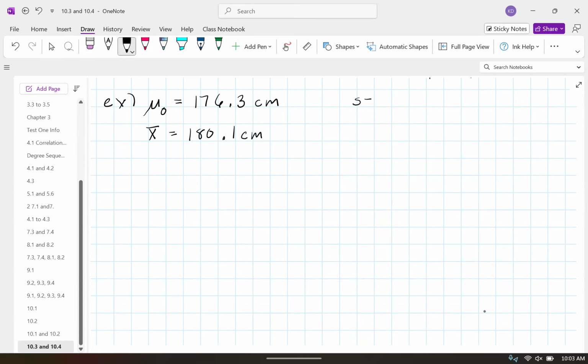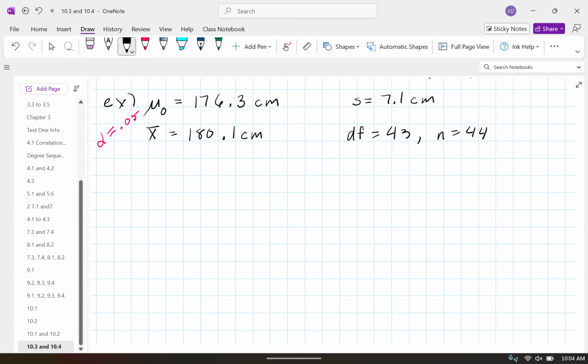The standard deviation they give us was 7.1. And then our degrees of freedom equals 43, which means our N. Oh, alpha level. Alpha is 0.05.